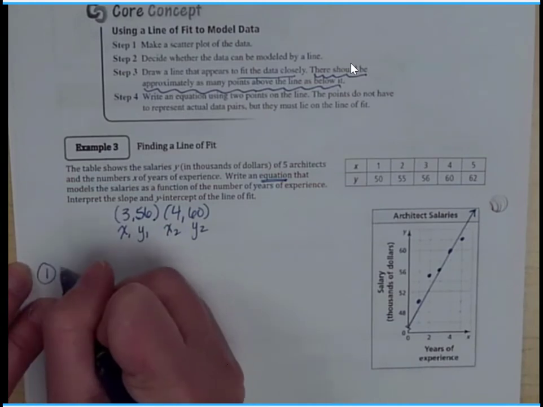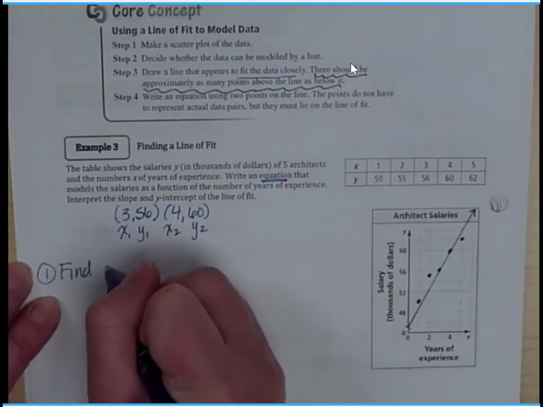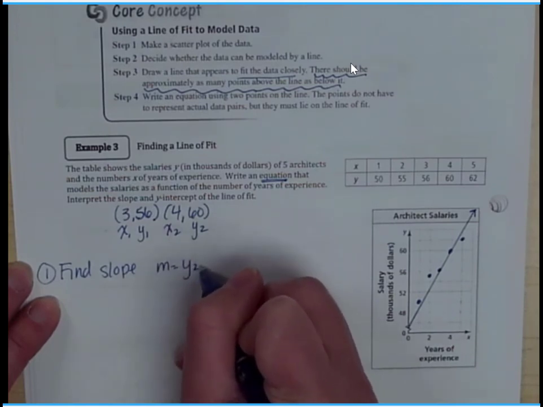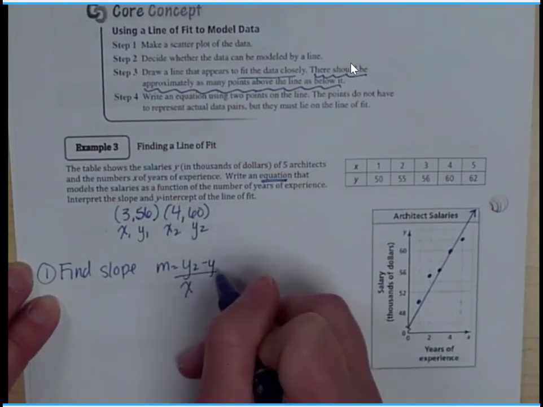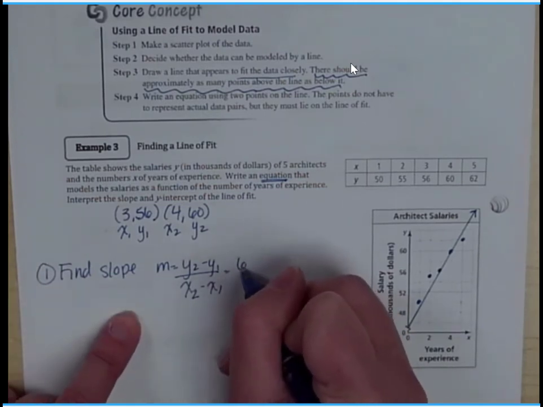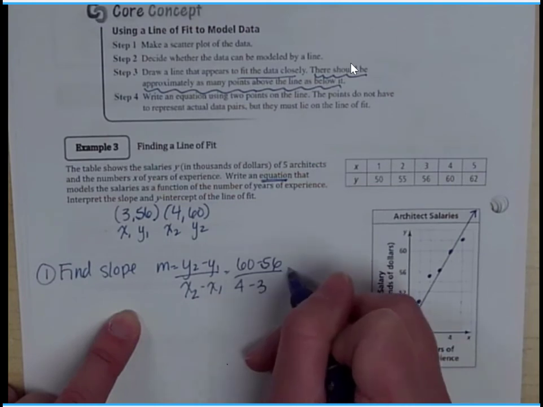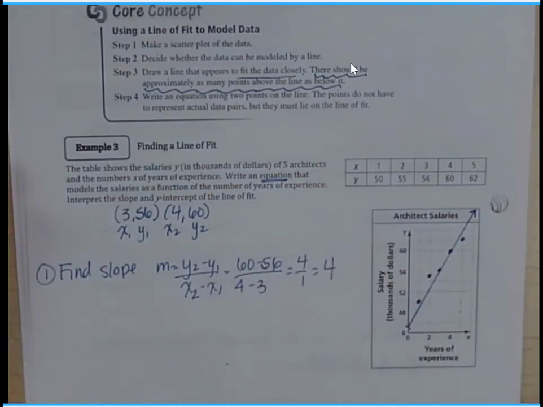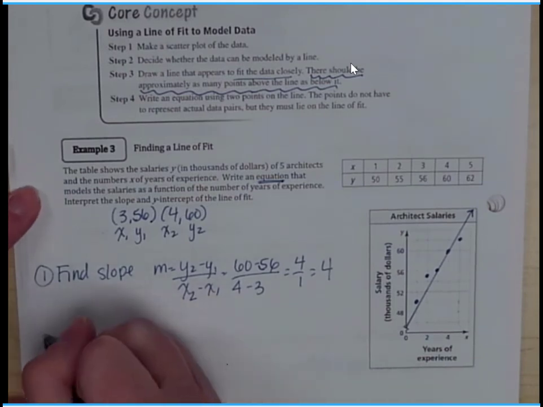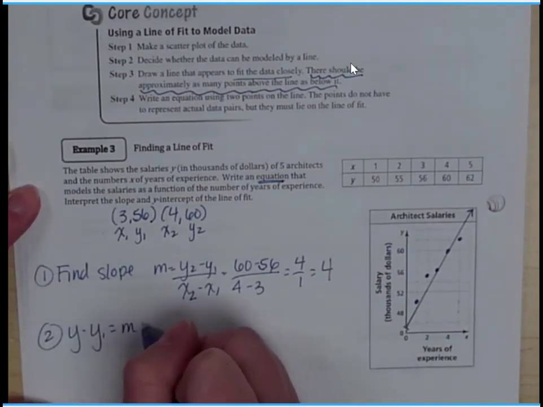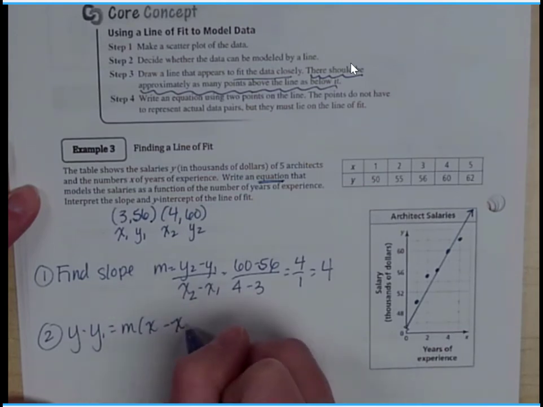So the first thing I'm going to do is find slope. So m equals change in y over change in x. So I have 60 minus 56 over 4 minus 3, so 4 over 1 gives me a slope of 4. Now I can use my point slope formula to write an equation of a line.